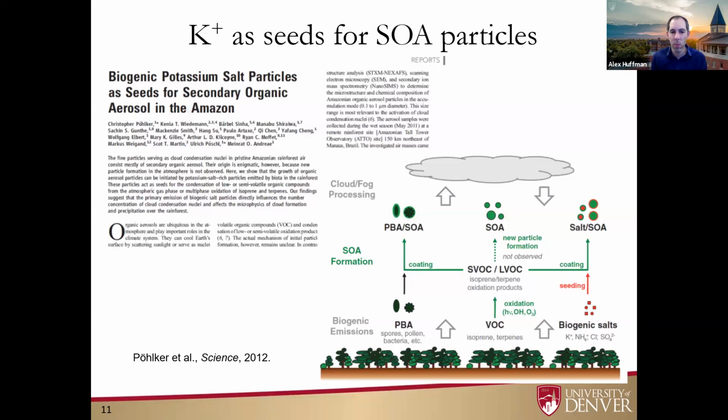I'm not going to get into this relatively complex slide by Christopher Pöhlker from Science in 2012, but the idea is in the Amazon, you have enough potassium from fungal spores that the organic material can condense onto some of these small seed particles, and it goes into the whole processing of SOA, secondary organic aerosol, and primary organic aerosol. And this heavily influences the whole cycling of aerosol in the Amazon.